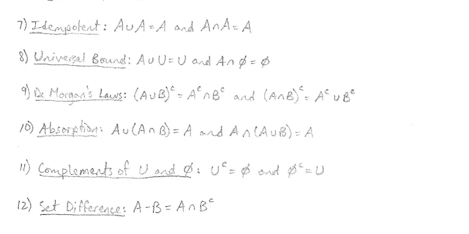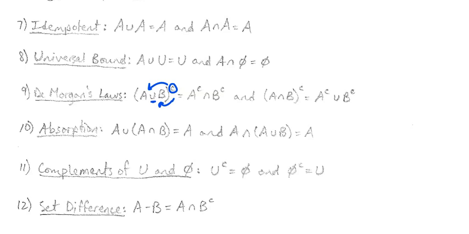The negative goes to every letter and the sign switches. Same kind of thing here. The complement goes to each of your two letters, and the sign switches. Similarly, if you had A intersect B and you want to take the complement of that, it is the union of the complement of A and the complement of B.